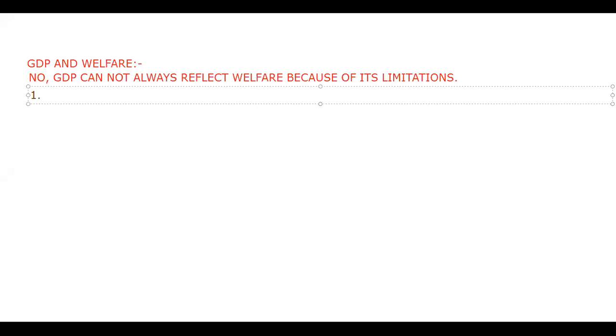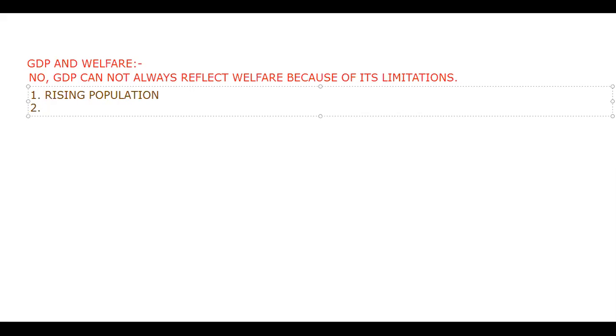One of the limitations: rising population. Yes, this is one of the limitations of GDP, rising population. Suppose GDP in the economy increased by 1% in a year, and we are happy that GDP is rising, we are doing more production.